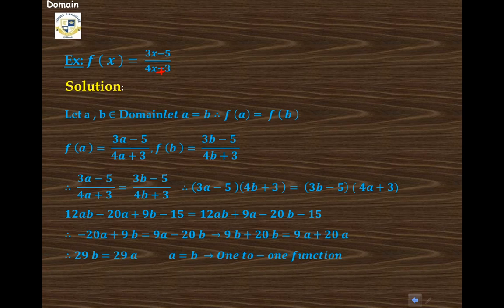Then 12ab minus 20a plus 9b minus 15 equals 12ab plus 9a minus 20b minus 15.